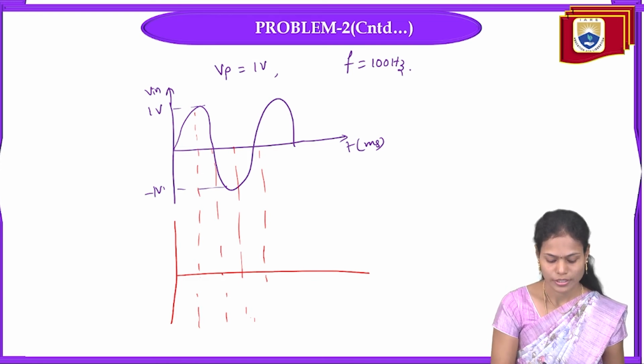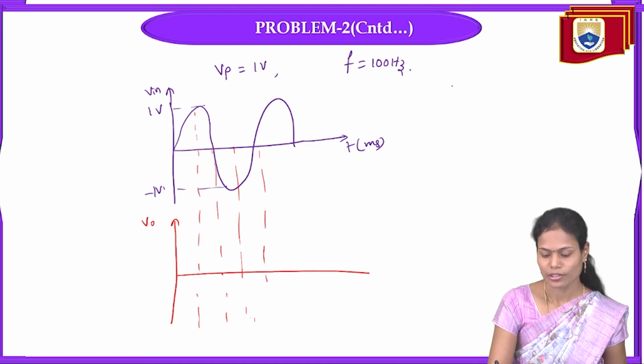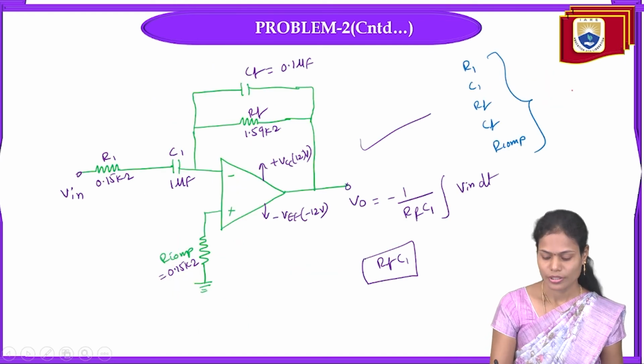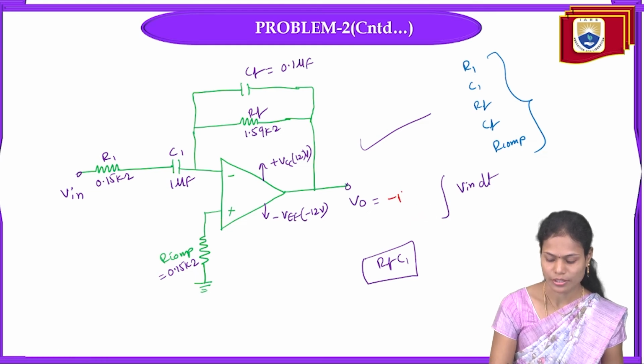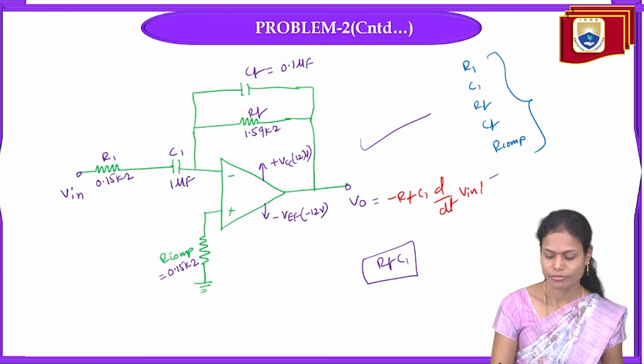So to find the output signal V0, we need to calculate V0 is equal to minus RFC1 dVin by dt. I'm very sorry, here we are talking about differentiator, right? This is minus RFC1 differential of input signal V of t.